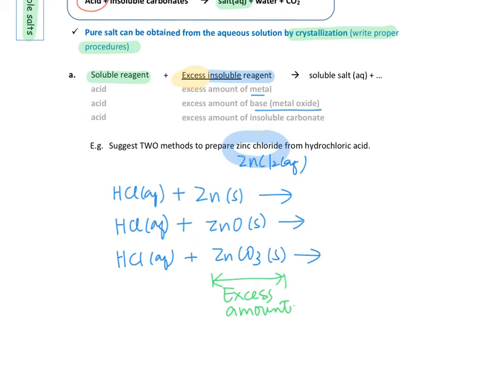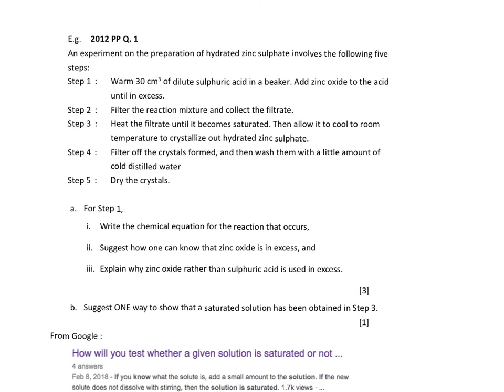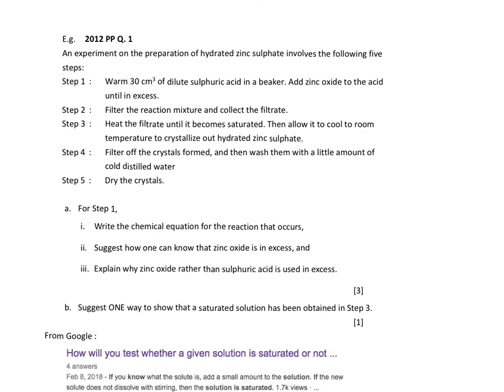Now the same applies to zinc oxide and zinc carbonate: the insoluble reagent must be in excess amount. To further explain this method, I want to show you a past examination question, which is the 2012 practice paper. This practice paper was given out by HKEAA for the first cohort of students.